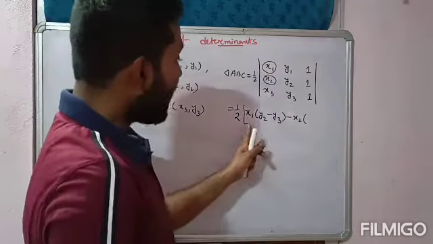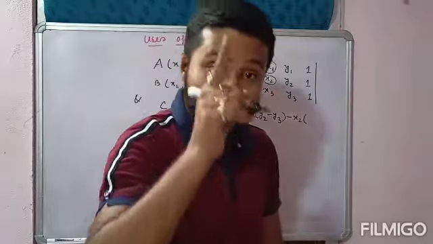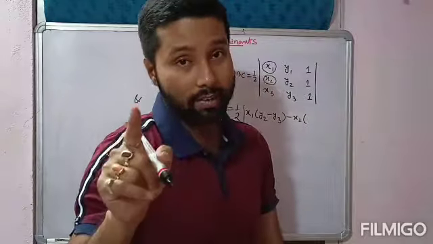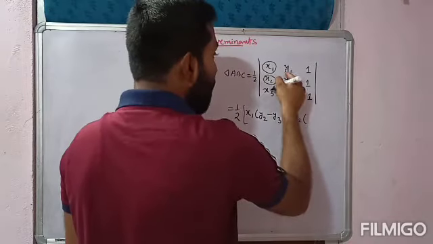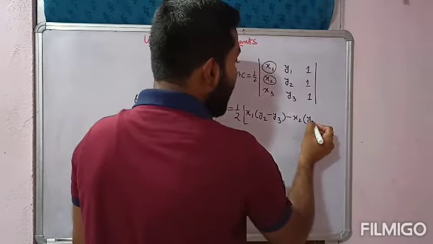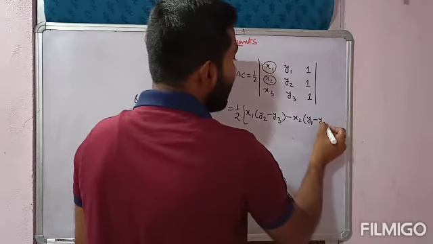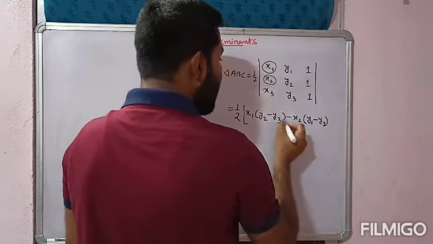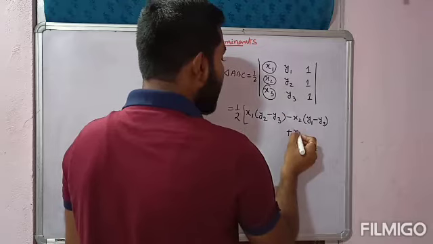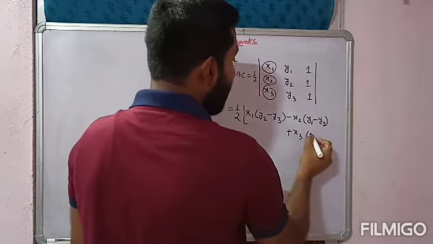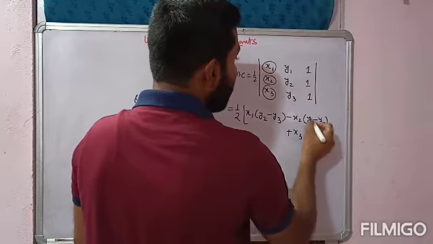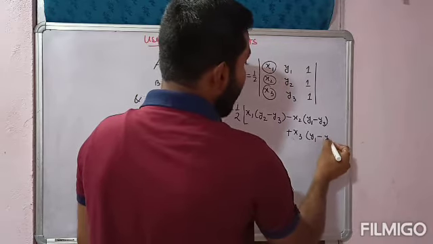use alternate signs: plus, then minus, then again plus. I am expanding along C1, not R1. The second element is x2. Now delete the position of x2: y1 into 1, that is y1 minus y3. Plus the third element is x3, x3 into, now delete the position of x3, y1 into 1, that is y1 minus y2.